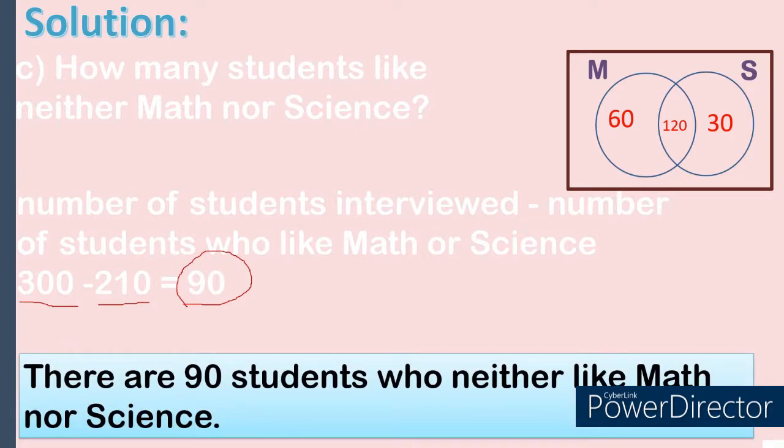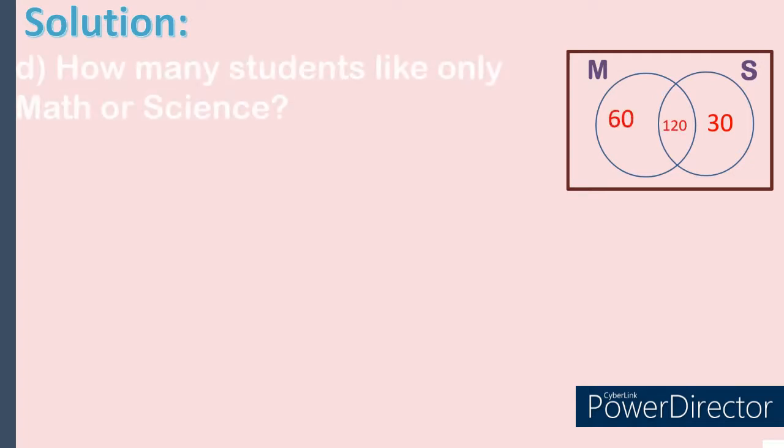Okay? Next. Another. So, we have math, science. Okay? So, these are data. So, how many students like only math or science? And take note from the word only. So, meaning, math only or science only. Okay? So, paano natin sila kukunin?